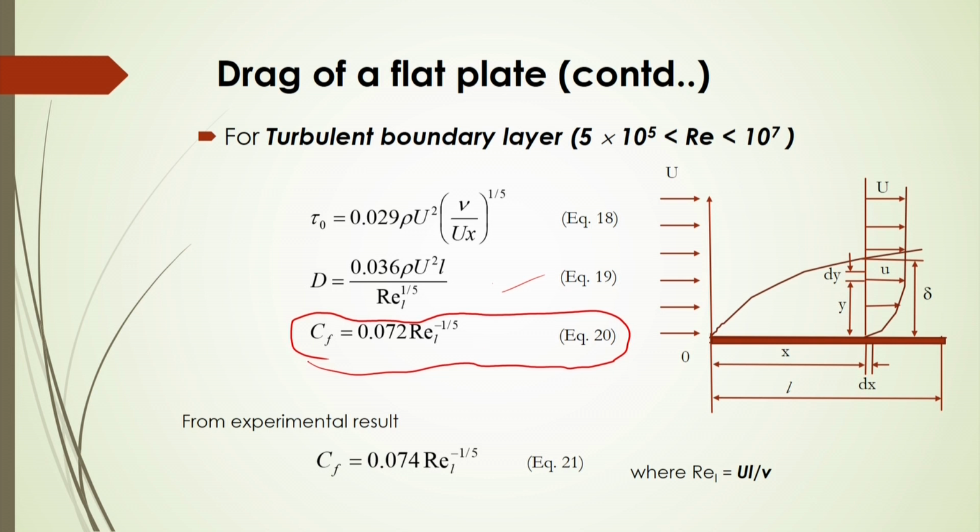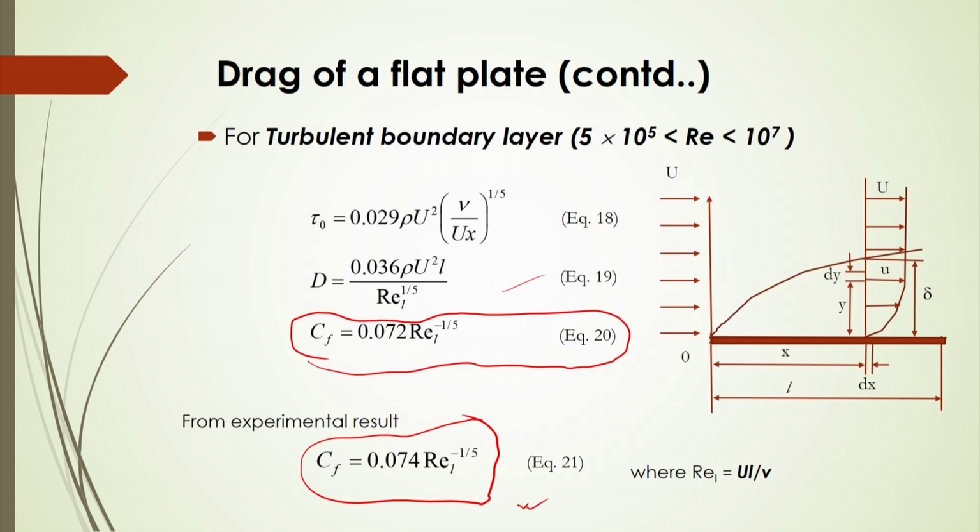This is as per theory, whereas the experimental result is 0.074 REL to the power minus 1 by 5. So there is hardly a difference between the theory and the experimental results.